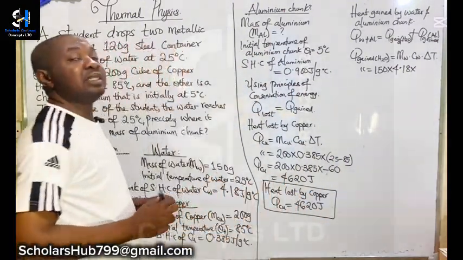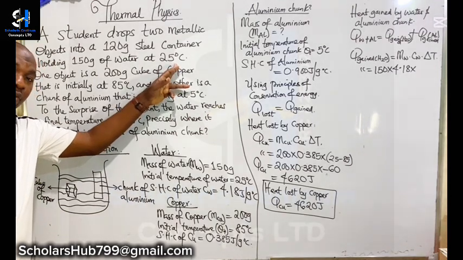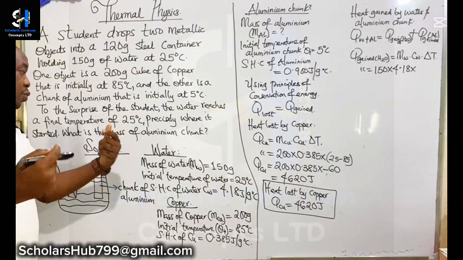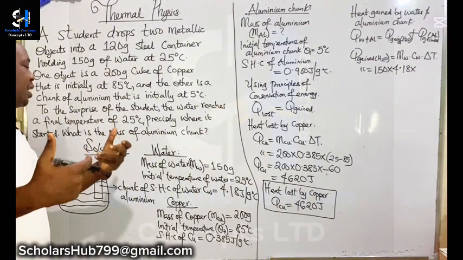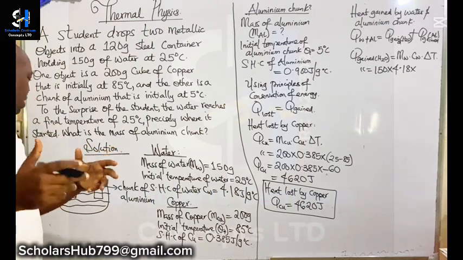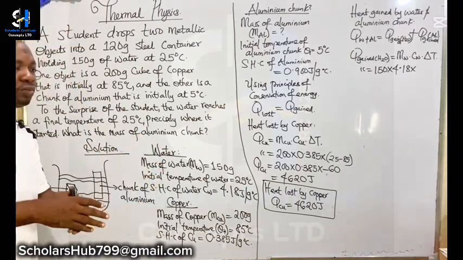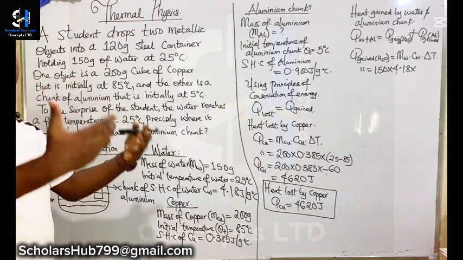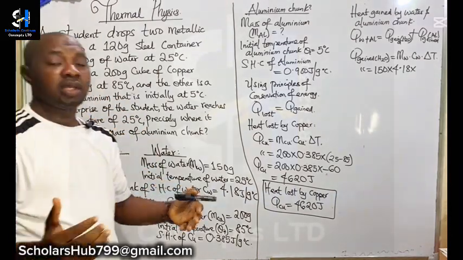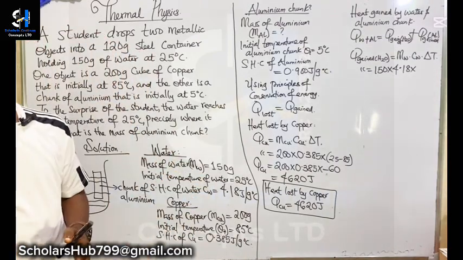Remember, the initial temperature of water is 25 degrees Celsius. To the surprise of the student, the water reaches a final temperature of 25 degrees Celsius, precisely where it started. At thermal equilibrium, the temperature of the water is 25 degrees Celsius.